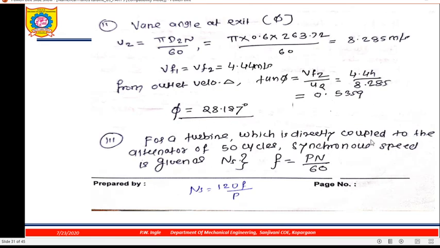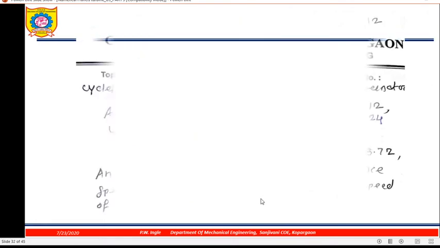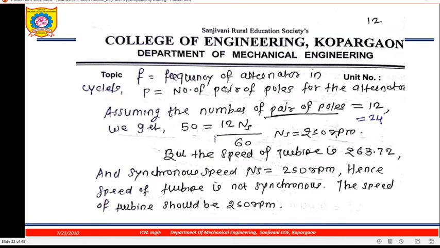Now for a turbine which is directly coupled to an alternator of 50 cycles, the synchronous speed is given as Ns equal to 60 F by P, where F is frequency and P is number of pair of poles.